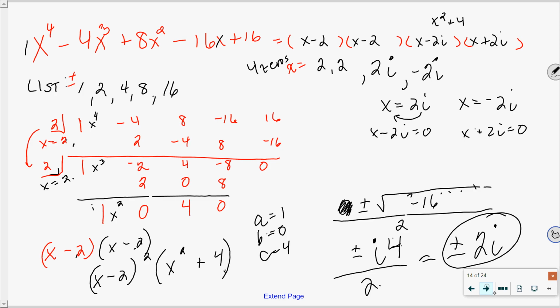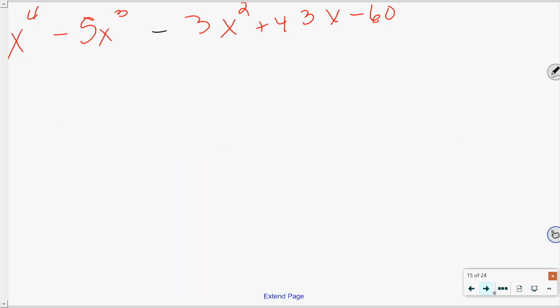All right, last one before we do a new thing. How many times are we going to have to do synthetic? It's a power of 4. So how many times do I have to do synthetic to bring it down to a quadratic? Right? So I got to do it twice.